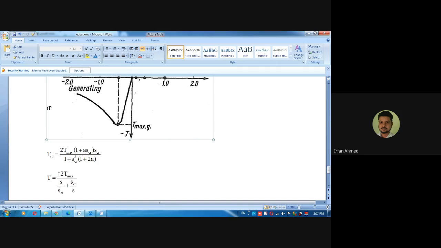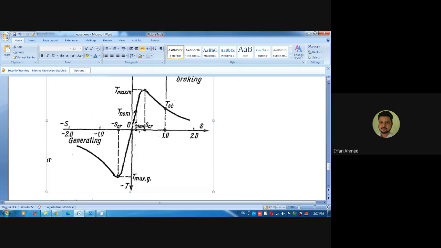Now 2 is constant, Tmax is also constant, and SCR is also constant, if you are not changing the values of the motor parameters. Torque is equal to some constant multiplied by the slip. That is the equation of a straight line passing through the origin. So for low values of slip, the torque speed characteristic can be approximated as a straight line passing through the origin.